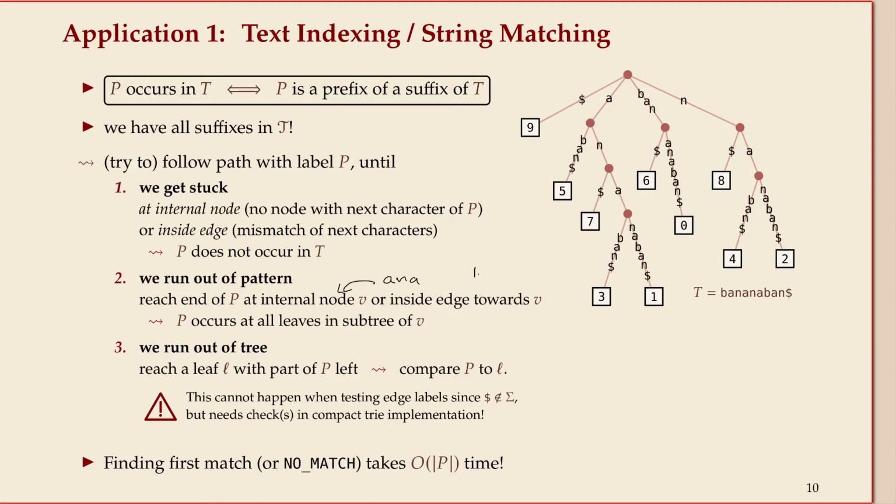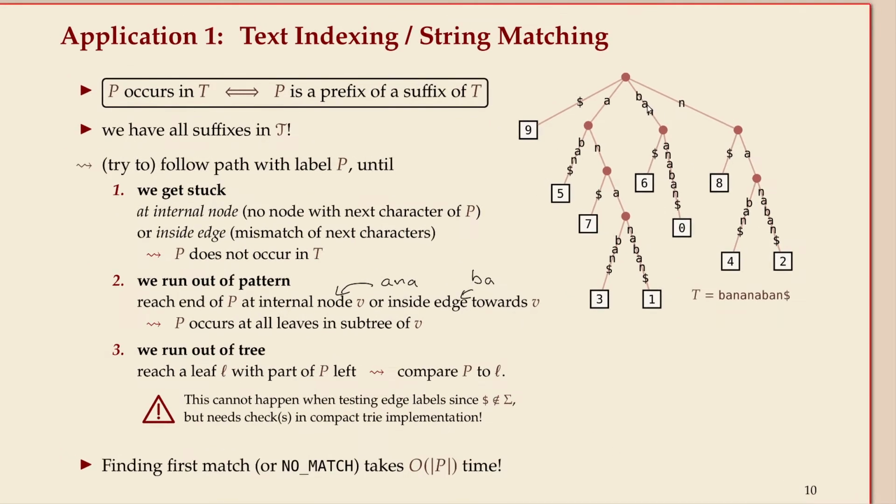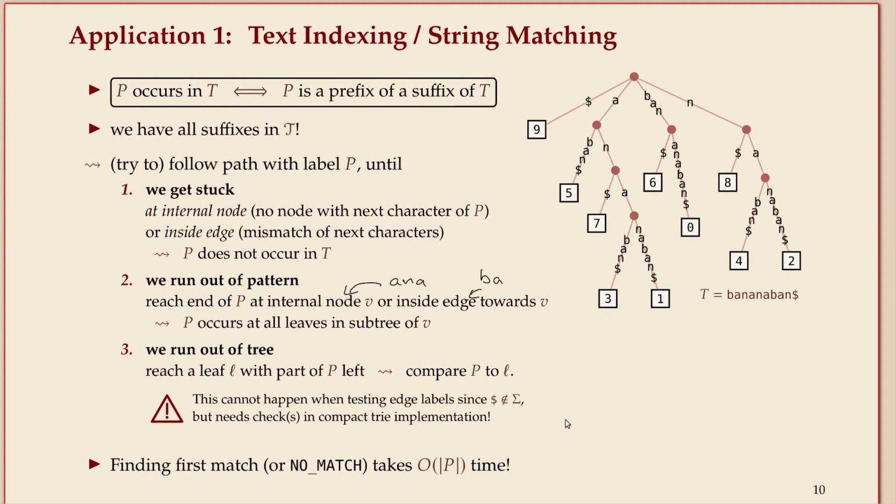And if we look for BA, we would be stopping in the middle of this edge, right? We run out of pattern and we're still in the middle of one edge. Both cases are essentially the same. They just mean that P occurs at all the leaves in the subtree that are below the point where we stopped.